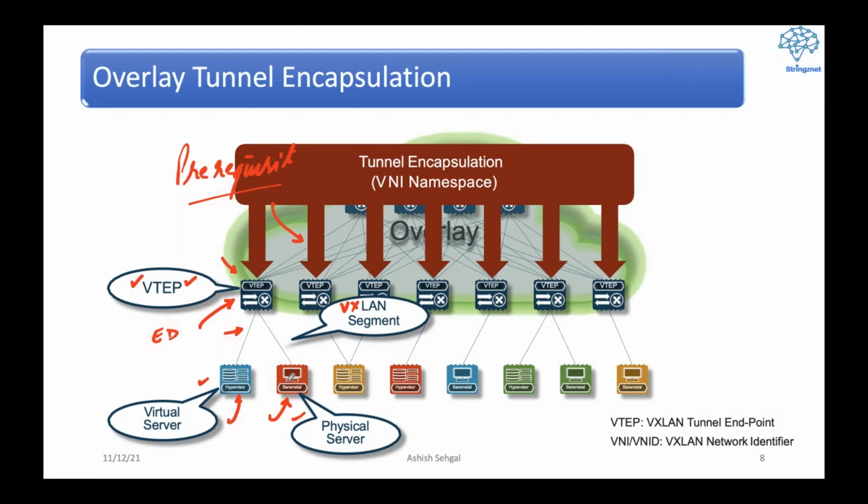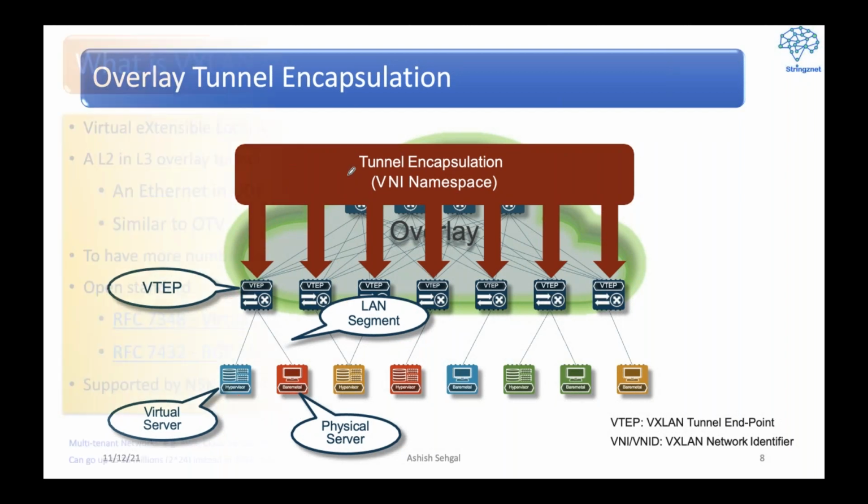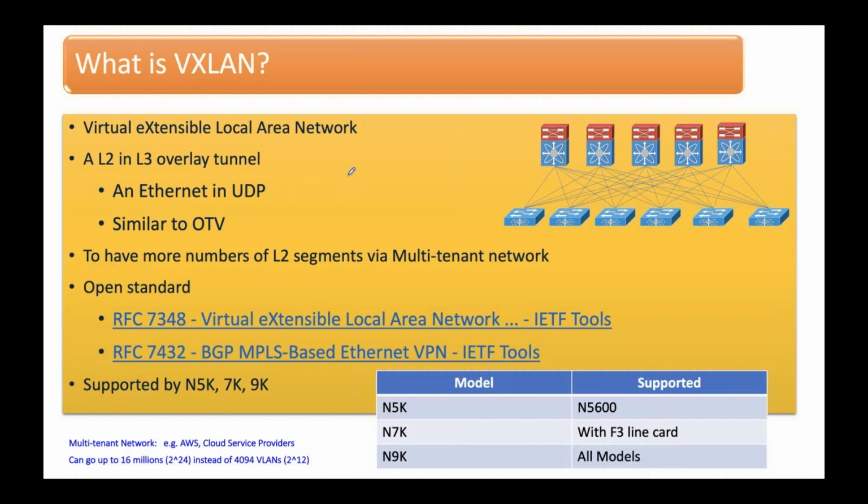So as I was saying, overlay is a tunneling mechanism wherein we create the tunnels between the VTEP devices. All right, with this brief introduction, let us now understand VXLAN. Number one point which is clear from the introduction is the topology, the connectivity.